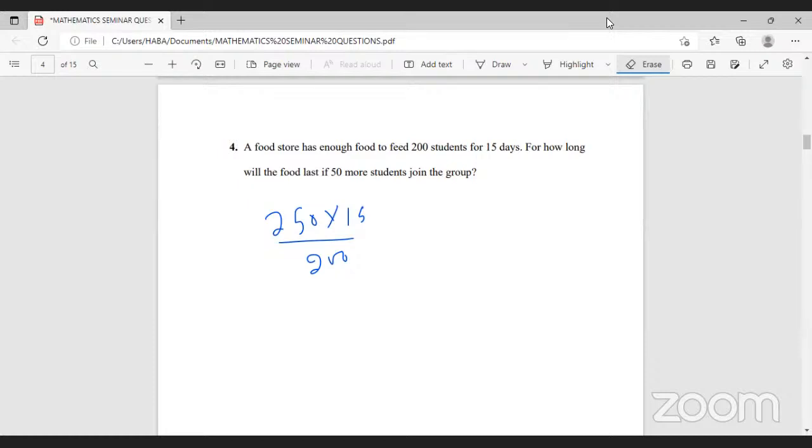So now, if we asked ourselves, if 200 students are going to feed, if the food is going to be enough for those students for 15 days, if we added 50 more students, would the food last for more days or for less days? We can have those answers typed in the chat, or we can unmute and speak.